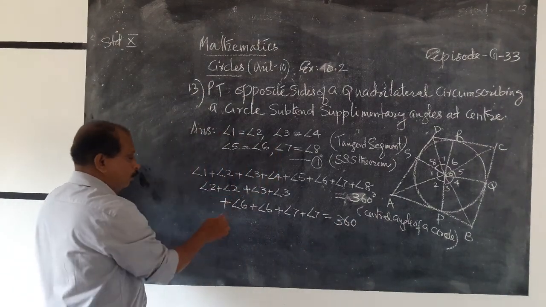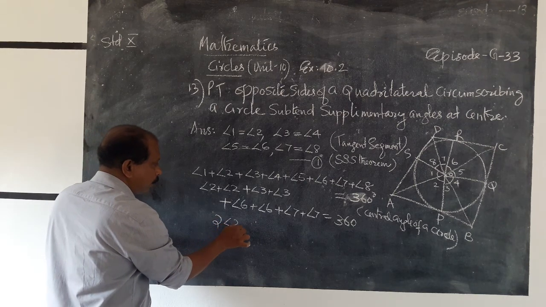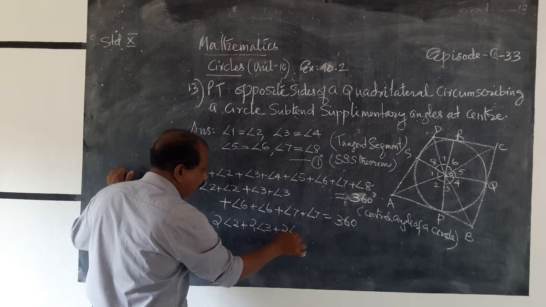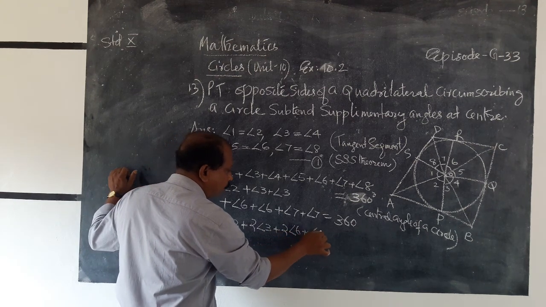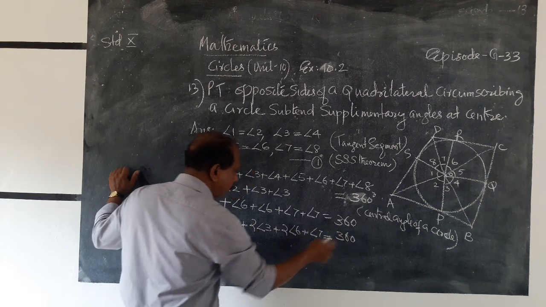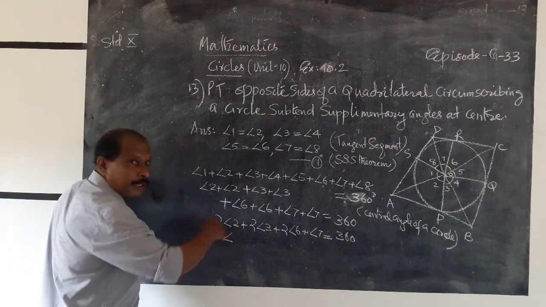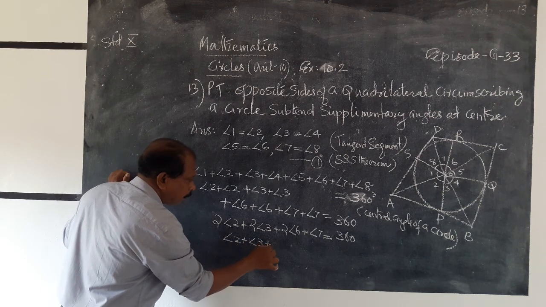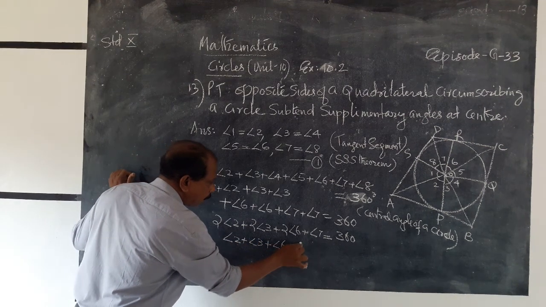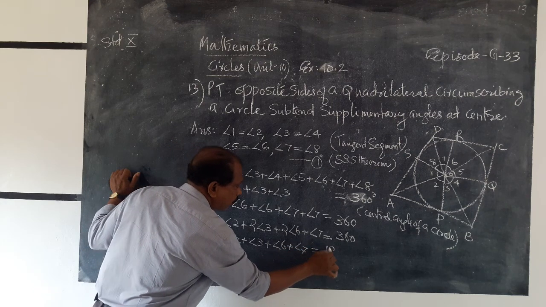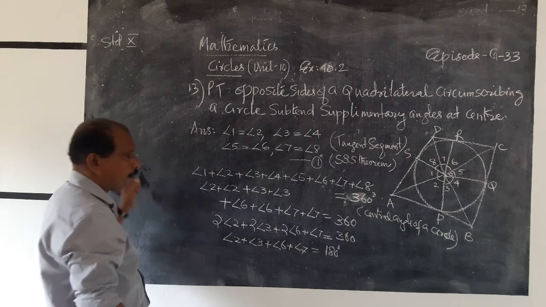Angle 2 plus angle 2, that is 2 angle 2, plus 2 angle 3 plus 2 angle 6 plus 2 angle 7 is equal to 360. Therefore, dividing by 2, angle 2 plus angle 3 plus angle 6 plus angle 7 is equal to 360 by 2, that is 180 degrees.